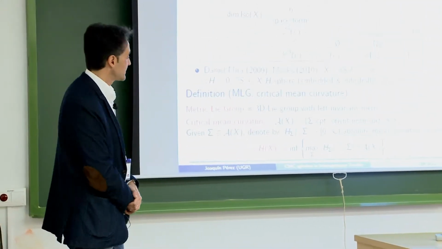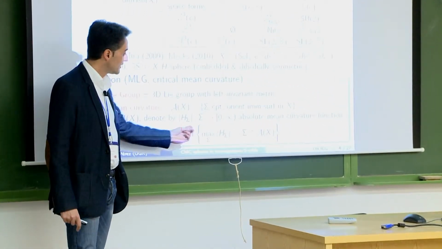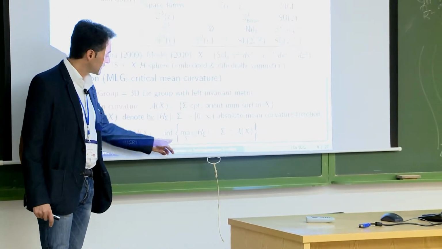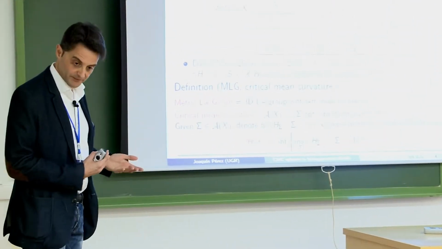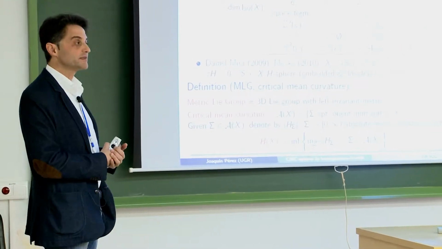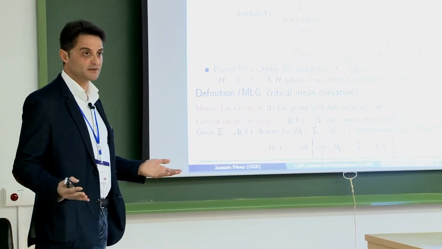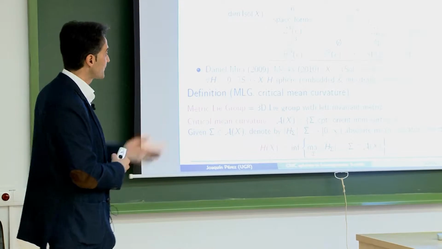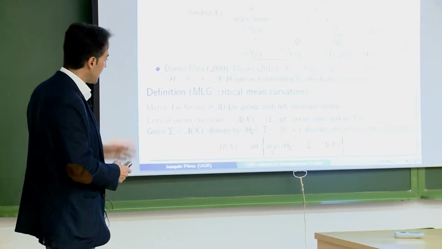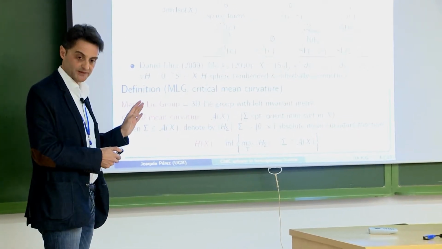Sigma is compact, which means that I can compute the maximum of this continuous function on sigma. And then I'm going to take the infimum in the class of all possible sigmas. And this is the critical mean curvature of the ambient space. For instance, in R3 it is 0, in Heisenberg space it is 0, in H2 cross R it is 1/2, in H3 it is 1, okay? And it turns out that this number governs the existence of the constant mean curvature spheres.